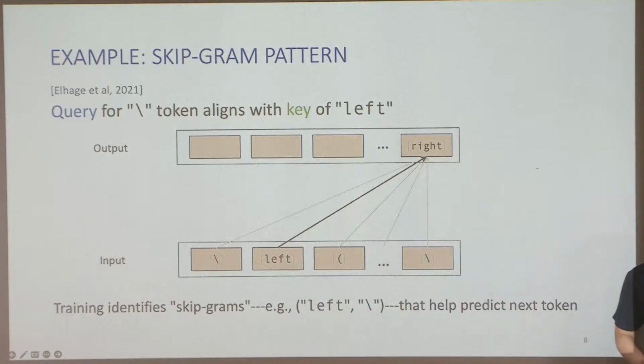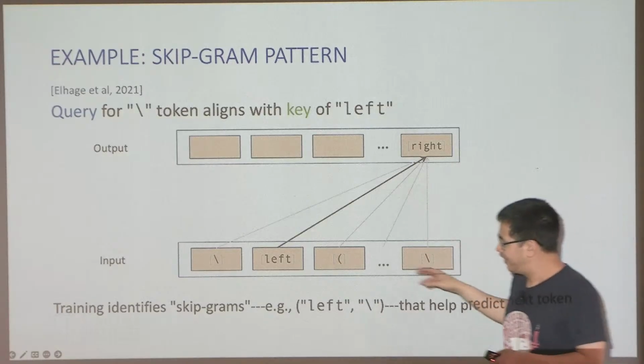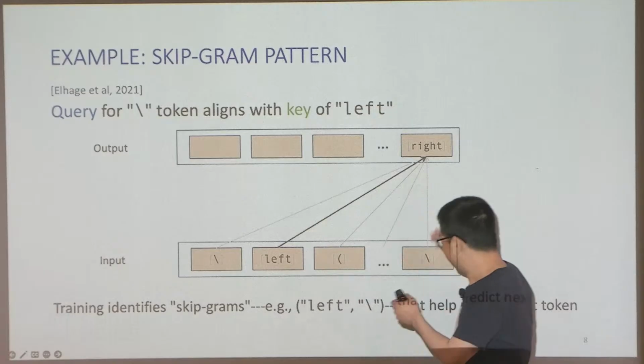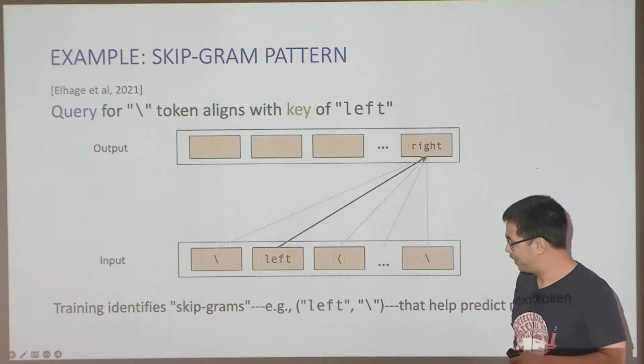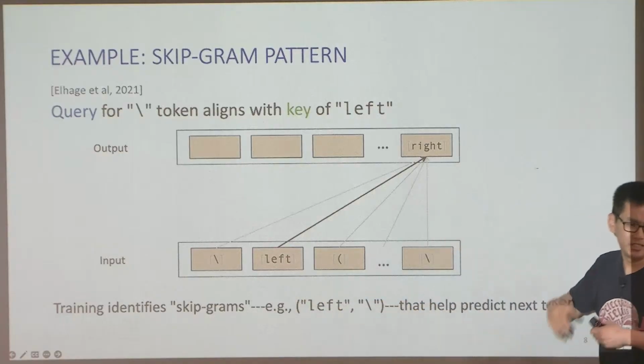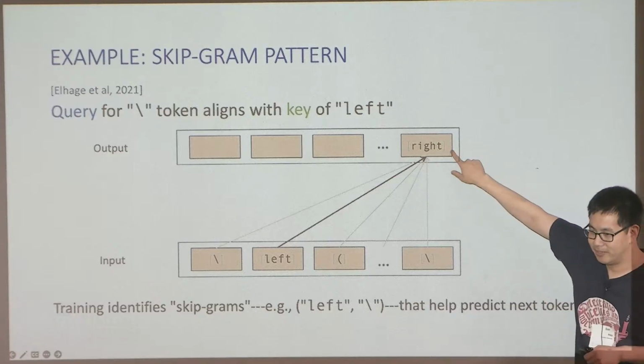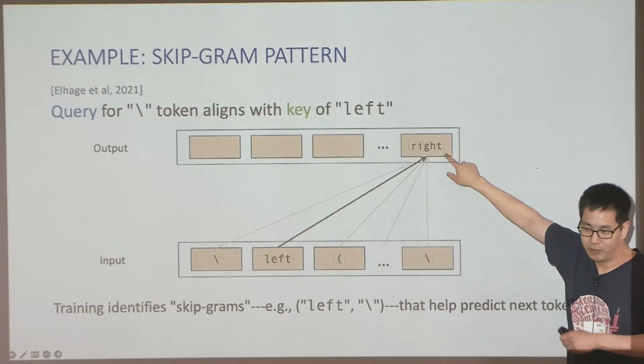And why might that happen? It's because this particular pair of words is predictive of what the next word will be. The fact that you're writing a backslash suggests that you're going to start doing some math or entering some LaTeX command, and the fact that you've used left before suggests that you want to write right. So this may be predictive of what the next token would be.